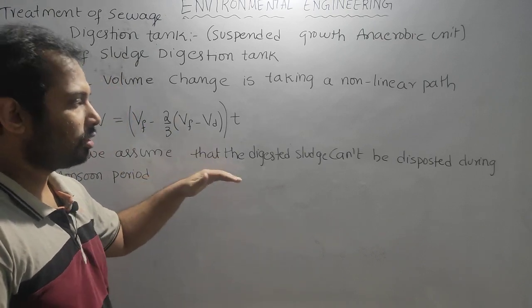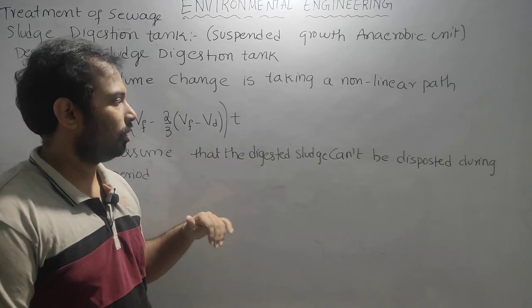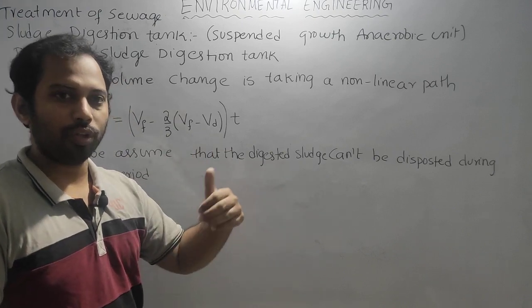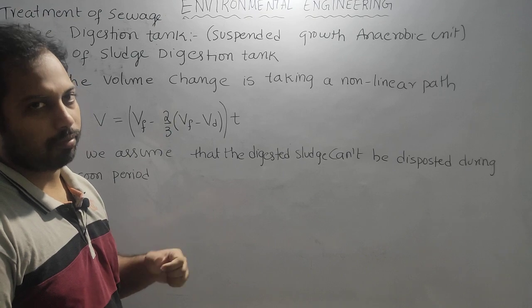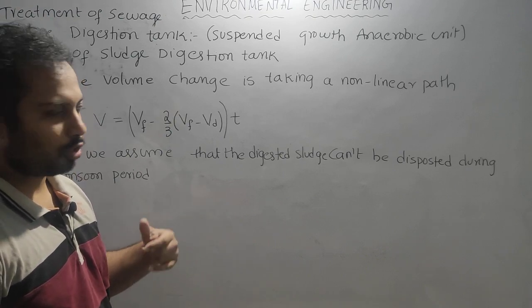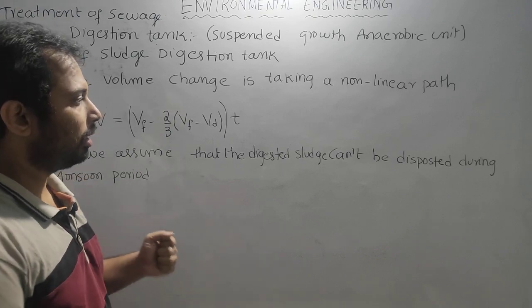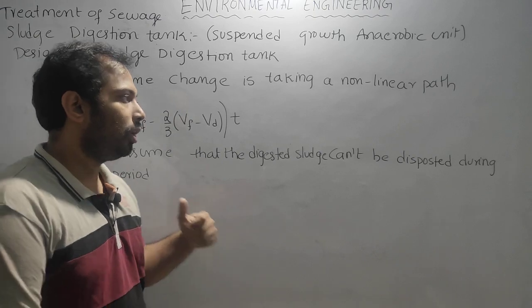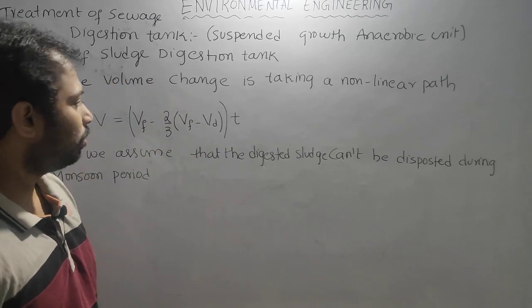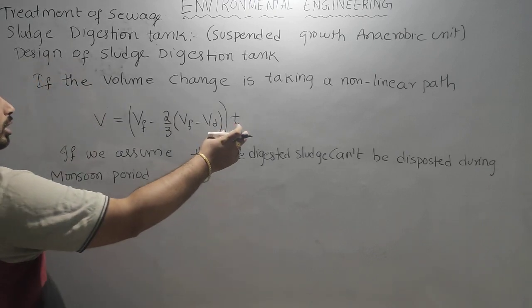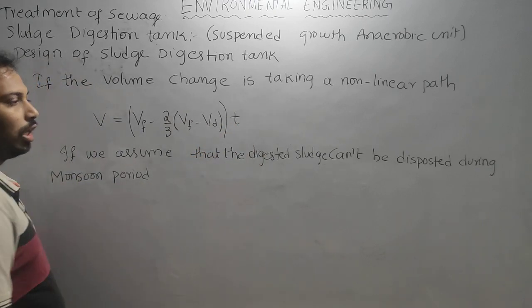The digested sludge is safe to dispose. This needs to be disposed onto the land, but during the flooding season those lands will be completely wet, so it cannot be disposed. It should be disposed in a dry state. That is why in that period we cannot take out the digested sludge. So if you consider that also, then you need to create some volume for that period also.